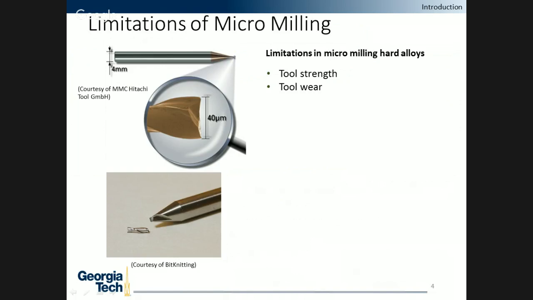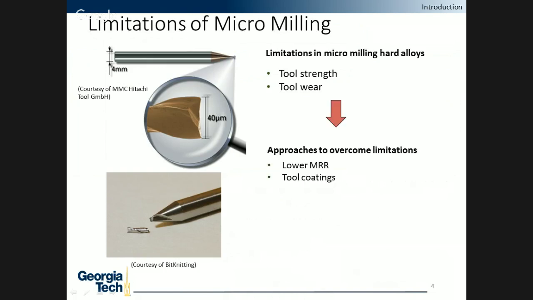Going into the limitations of micromilling, once you get the tool, you'll see that they're very small in diameter. They can go down as far as 40 microns in size. Because of their small diameter, they're very prone to break. The tool strengths are very low, and they often wear very rapidly because of the very small cutting edge, which leads to significant plowing and rubbing due to the size effect.